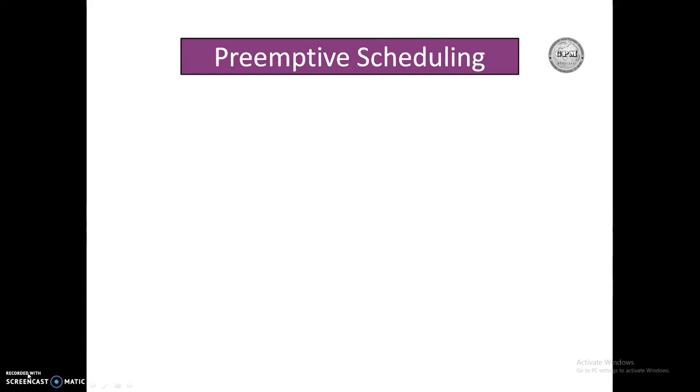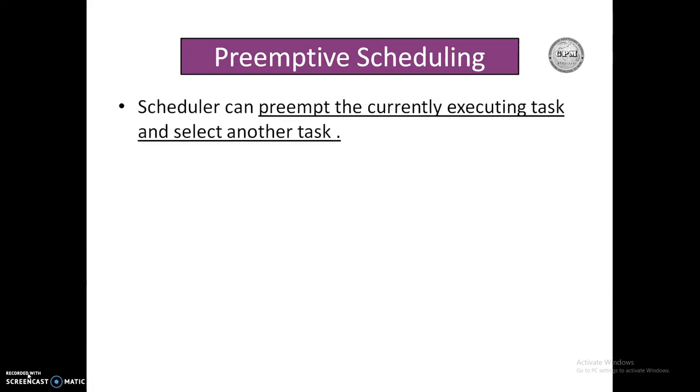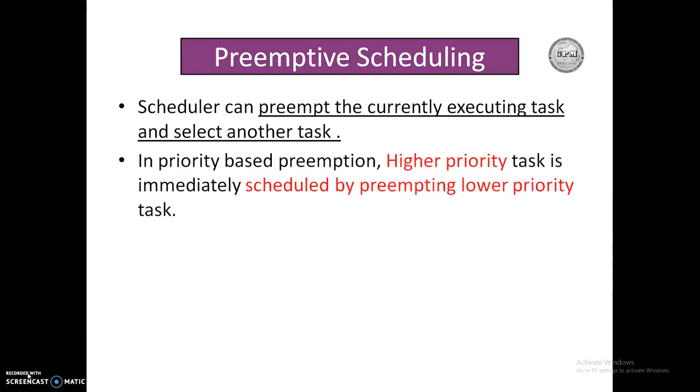Let us understand preemptive scheduling. In this type of scheduling, the scheduler can preempt the currently executing task and select another task. In priority-based preemption, a higher priority task is immediately scheduled by preempting a lower priority task.